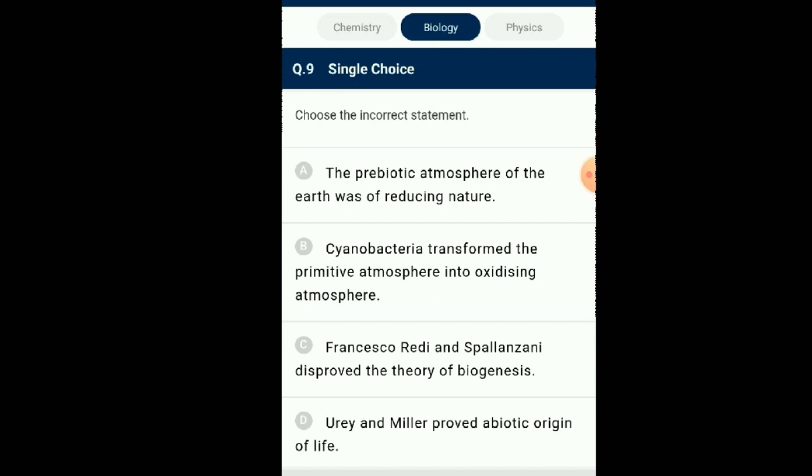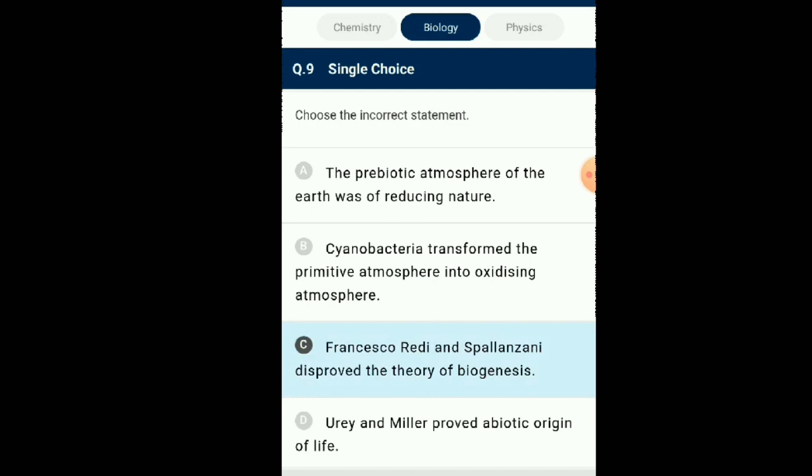Francesco Redi and Lazzaro Spallanzani, through their classic experiments, independently disproved the theory of spontaneous generation. The environment had an absence of oxygen, so it was reducing in nature. Gradually, cyanobacteria evolved and made the environment oxidizing in nature. This was due to the oxygenic photosynthesis activities performed by these primitive prokaryotes. So the answer for this question is option C.